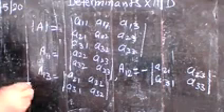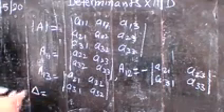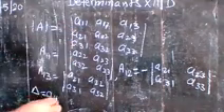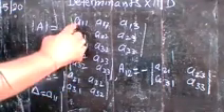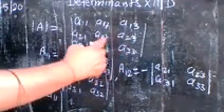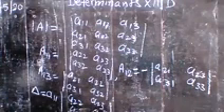Suppose you want to find the value of the determinant. First you write the first element with a positive sign, so write A11, and eliminate the first row and first column, and write the determinant obtained: A22, A23, and here A32, A33. Now you write the second element.